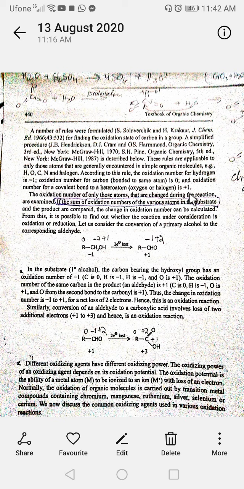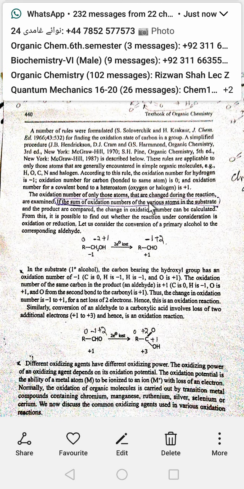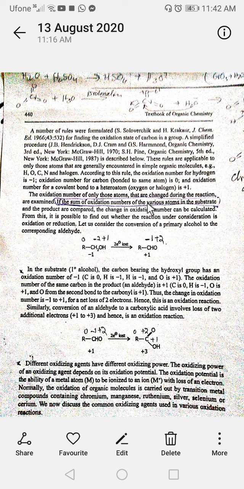Then this is very important, underline it. The sum of the oxidation numbers of the various atoms in the substance is calculated.